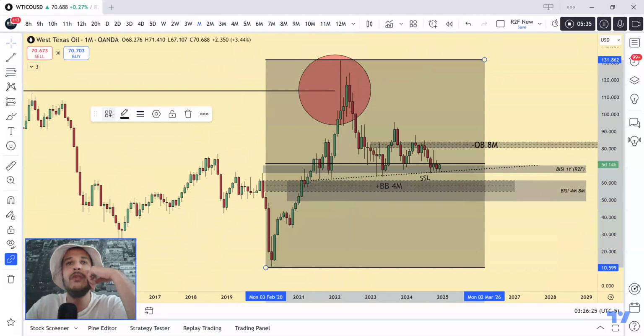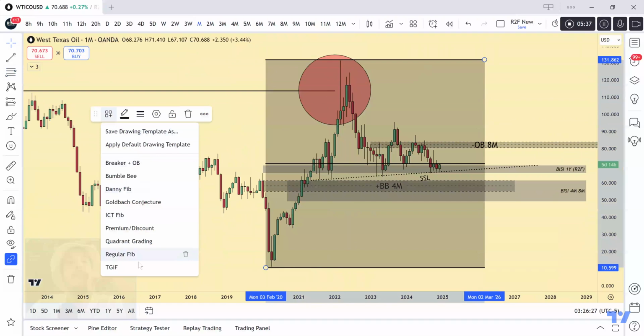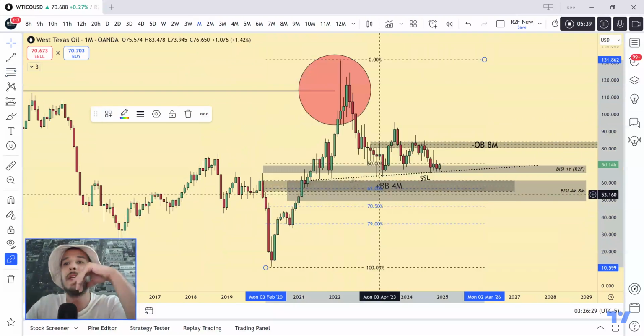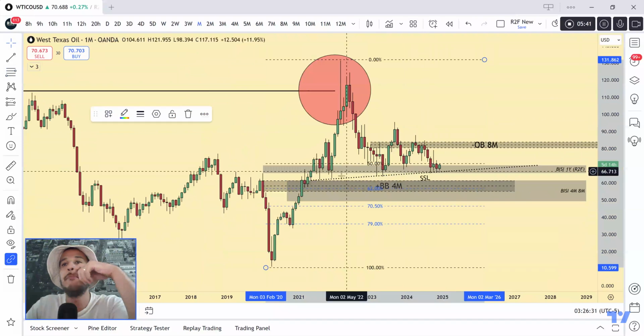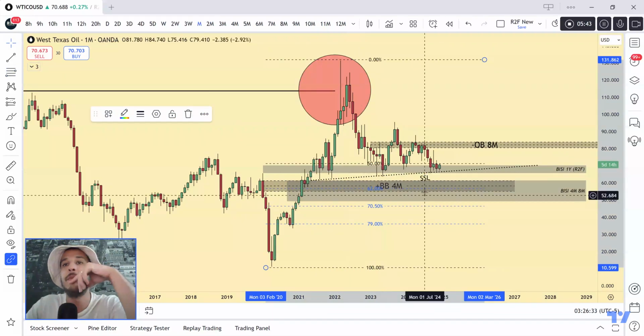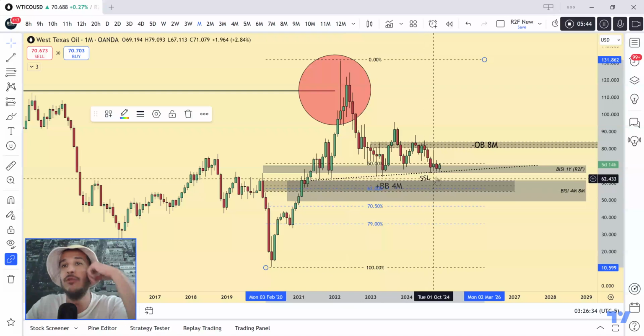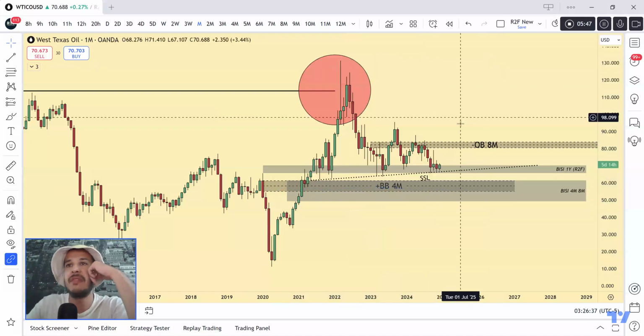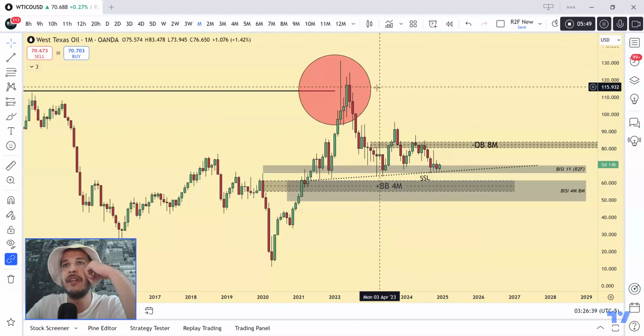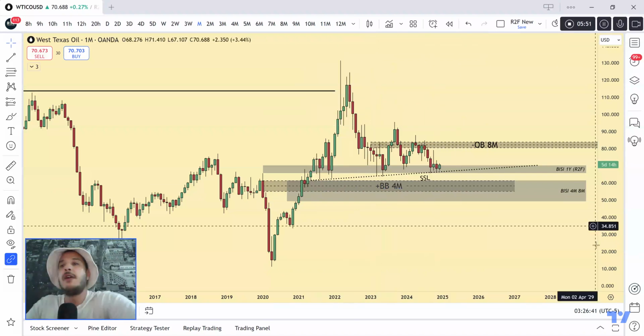It is equilibrium from the top to the bottom, but barely. I think it will come down into more of an OTE zone, generally from my experience.